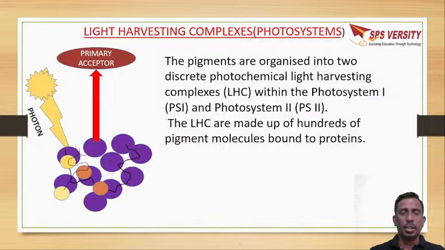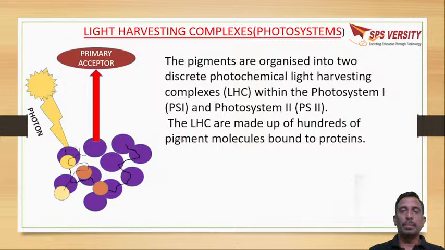So far we have studied the experiments, and next we study the chloroplast structure and the photosynthetic pigments. Where are these photosynthetic pigments present? They are present inside the thylakoid.